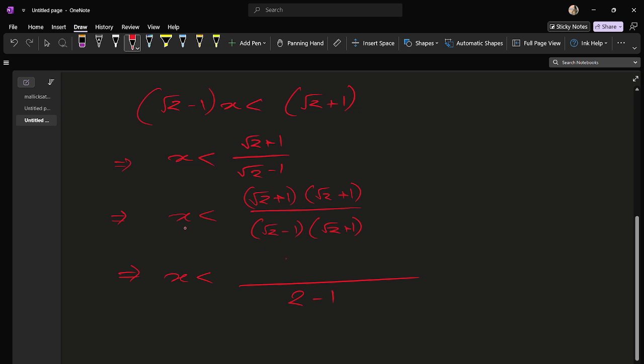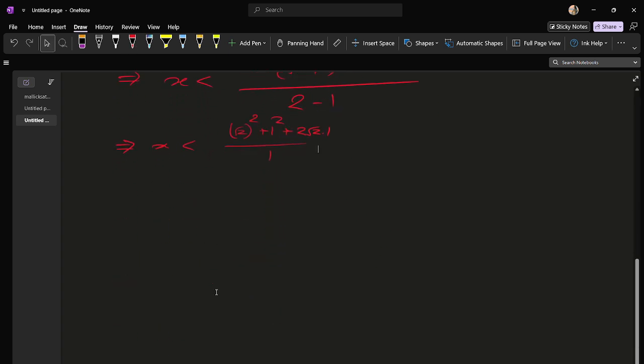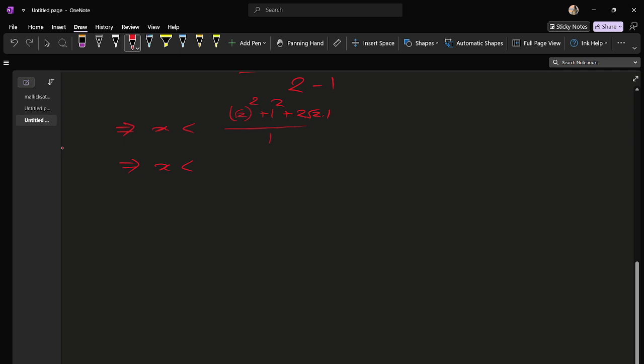On the upper side we will get root 2 square plus 1 square plus 2 root 2 into 1. From this we get 2 plus 1 plus 2 root 2 divided by 1.